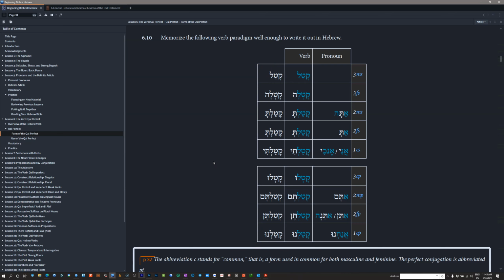Maybe write this chart out 10 times, and then wait 5 minutes, and then write it out another 10 times. After each set, write it out 10 times, then go back and check yourself and correct any mistakes that you made. Then, after you've written it out, wait 5 minutes, go back, write it out 10 more times.